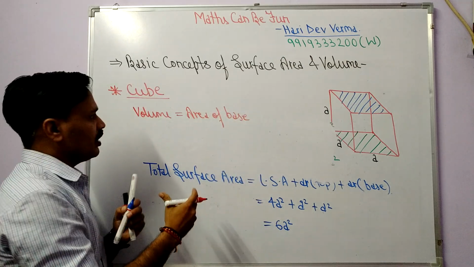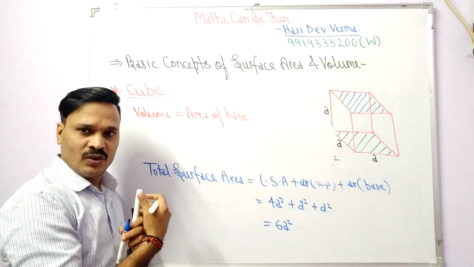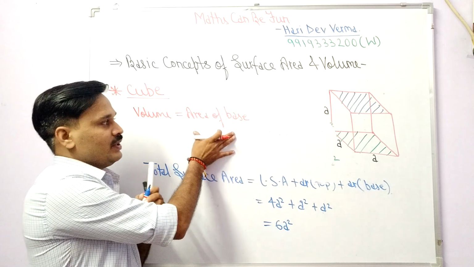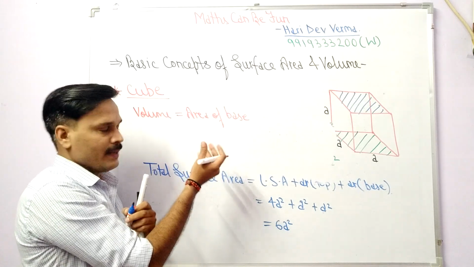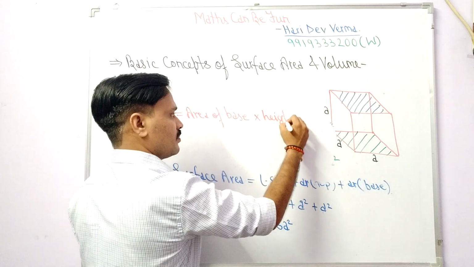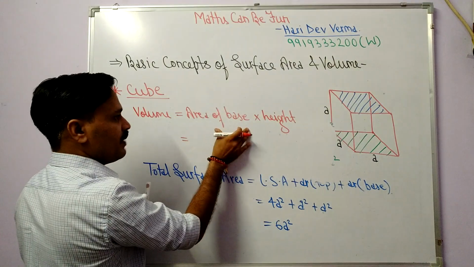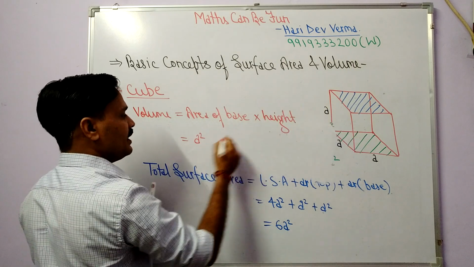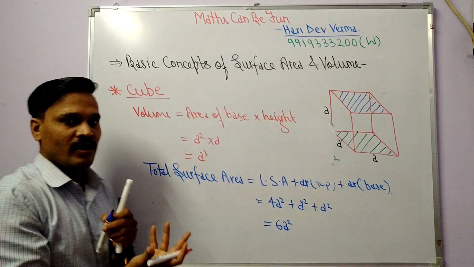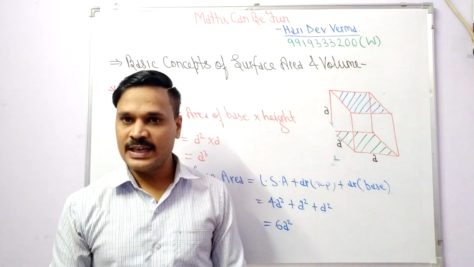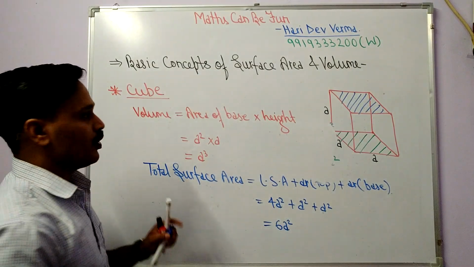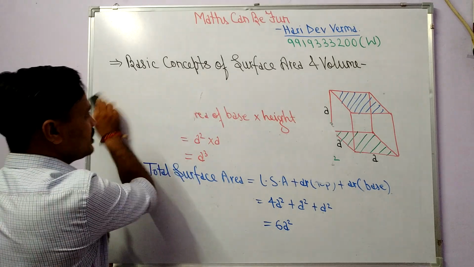When we need to find the volume of any solid, we will use this simple concept: area of base into height. So area of base is a square and height is a. So it is a cube. a cube is the volume of cube. Is it clear? So now I'm going to rub this, and then we will discuss cuboid.